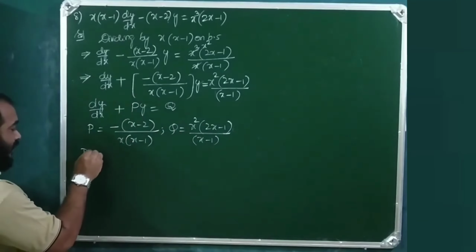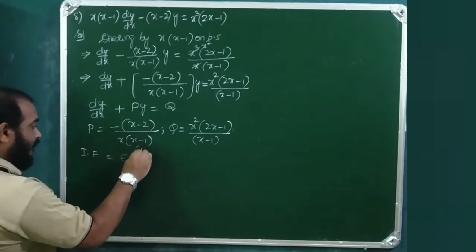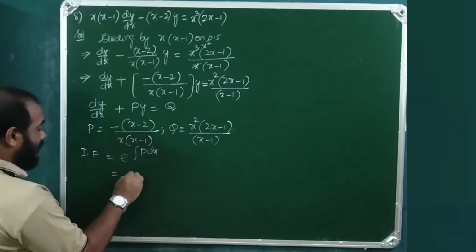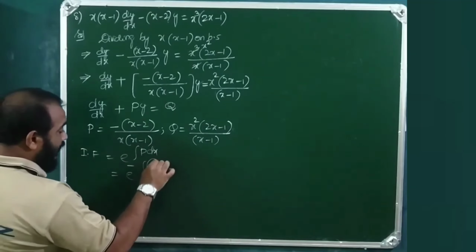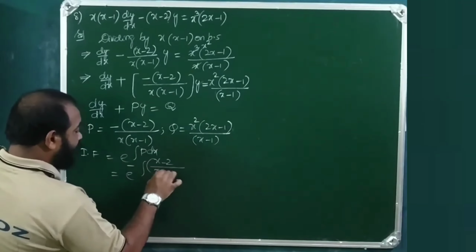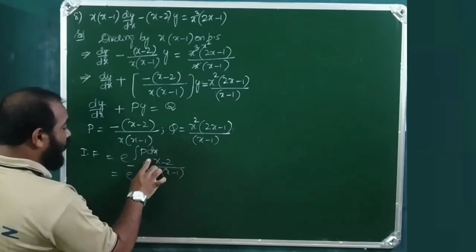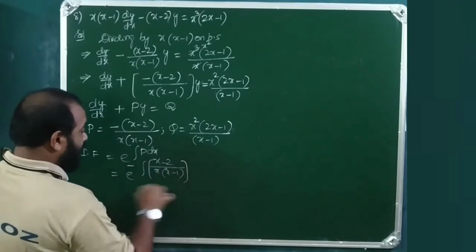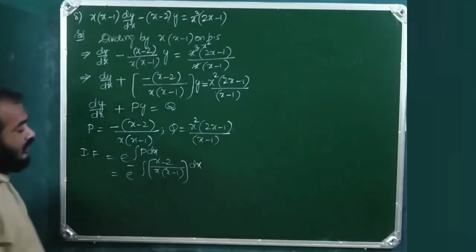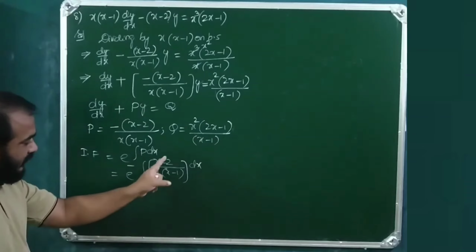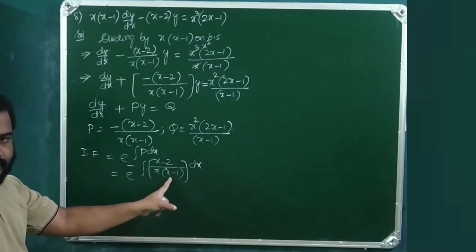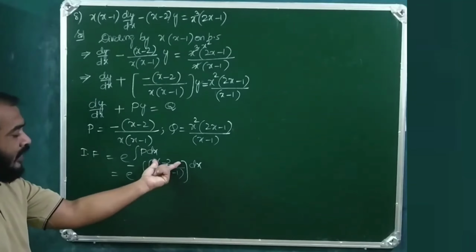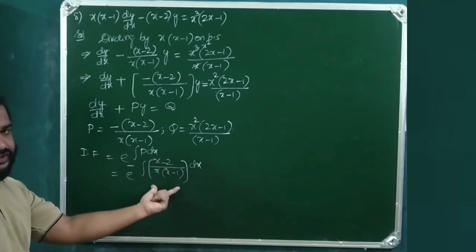Now integrating factor is equals to e power integral p dx. E power integral, p value is minus of x minus 2 by x into x minus 1 dx. Let us consider this. This is a rational fraction and this is a proper fraction.